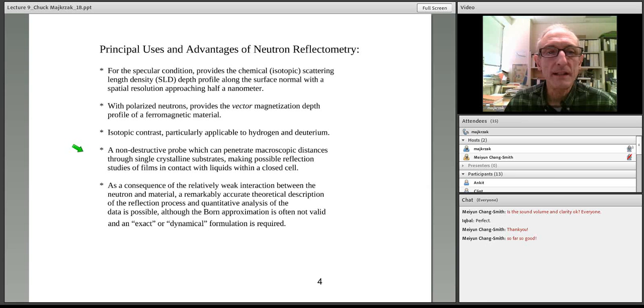And because the interaction is relatively weak, just to reiterate what Sunny talked about in the first set of lectures, the weakness of this interaction makes it possible to very accurately describe via theory what scattering is going on and how to analyze the data.